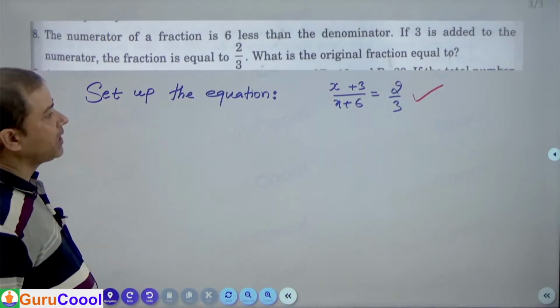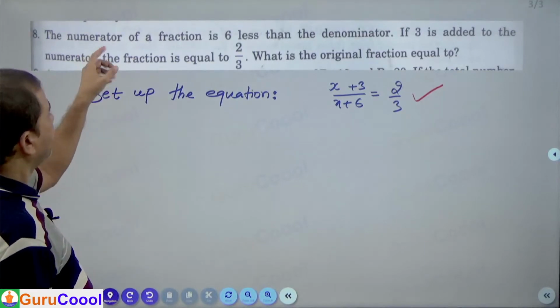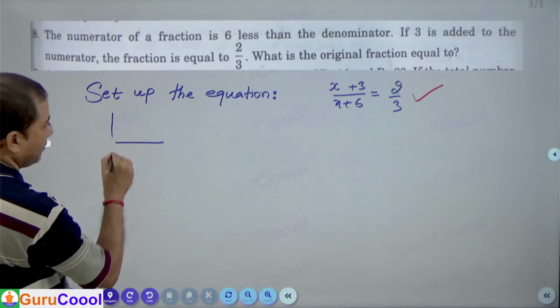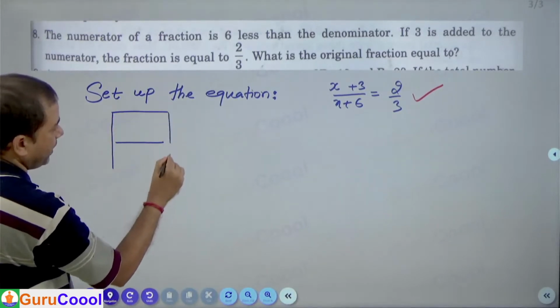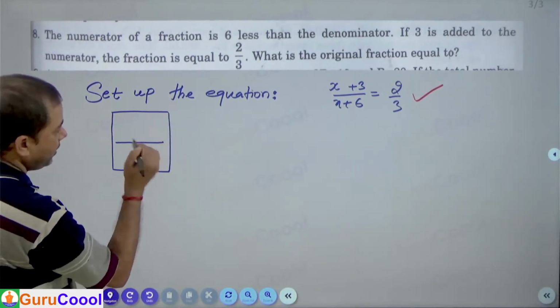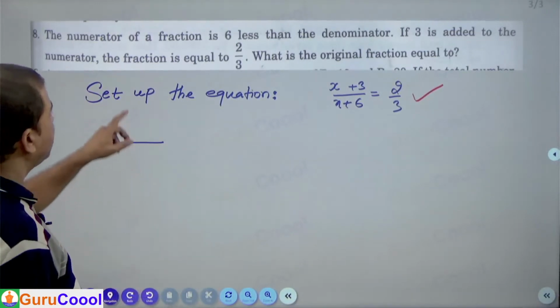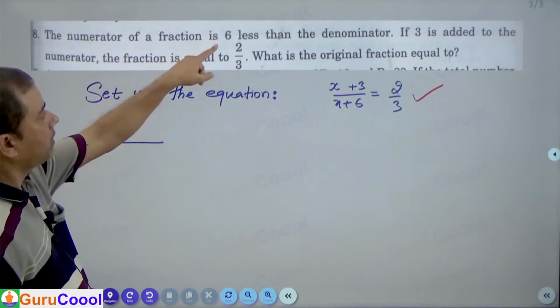Okay. Now let me explain how to do it. It is talking about fraction. Fraction means something in numerator, something in denominator. And question says numerator is 6 less than denominator.